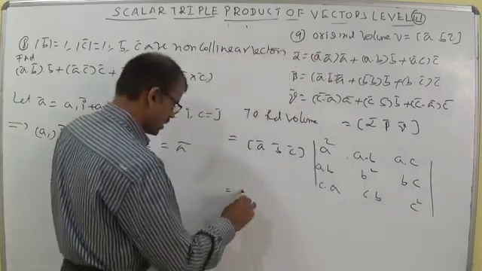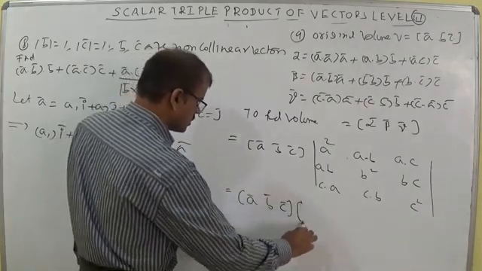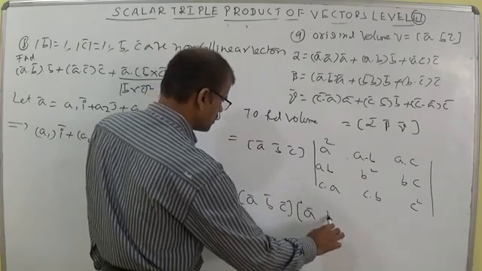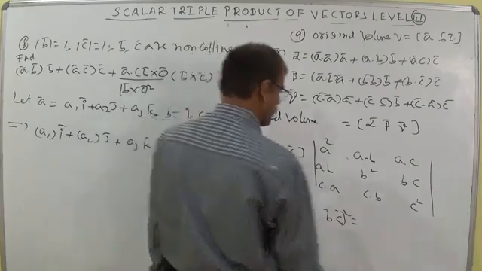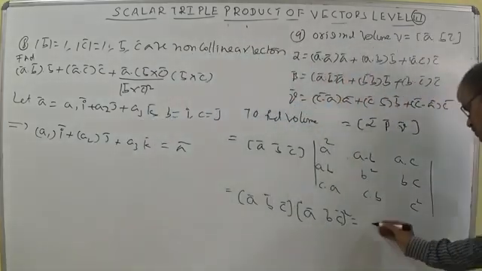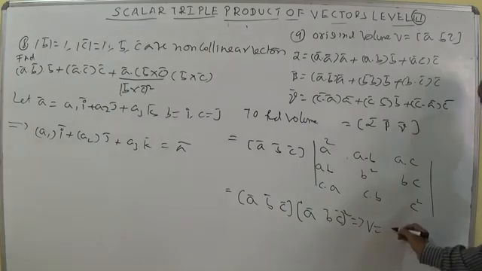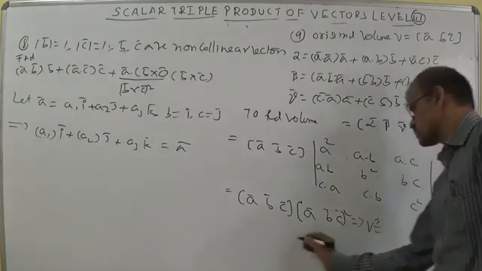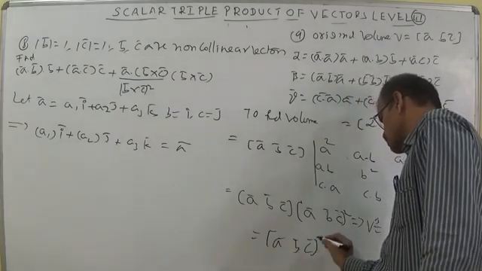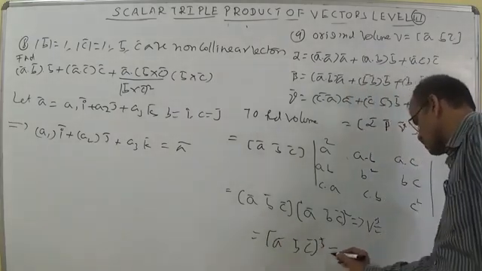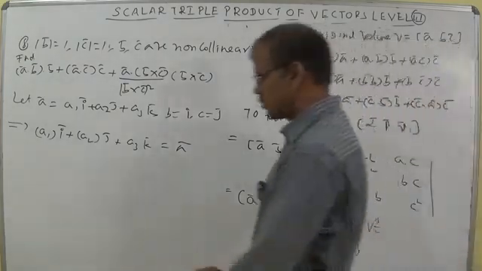As I told you in the previous class, this indicates box ABC whole squared. So V dash is equal to V cubed, because you get box ABC whole cube. He is asking for the volume using these vectors, which is V cubed. V cubed is the answer.